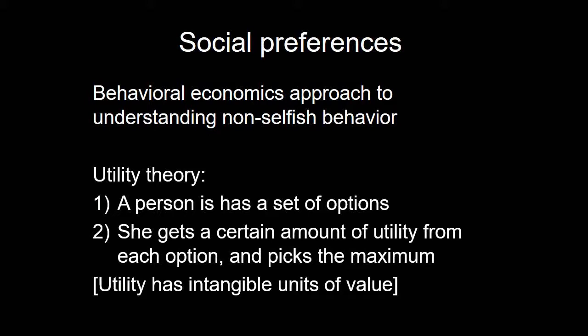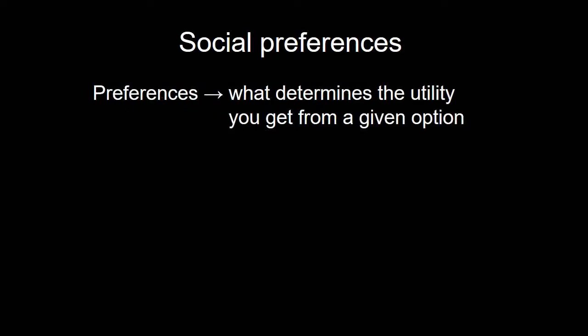But for our purposes, the thing that matters is what goes into that utility function, the thing that you're trying to maximize. And so your preferences are defined as the things that you get utility from.